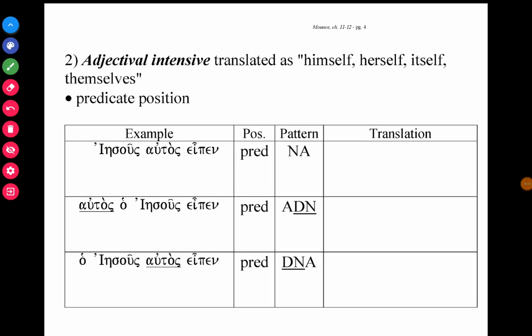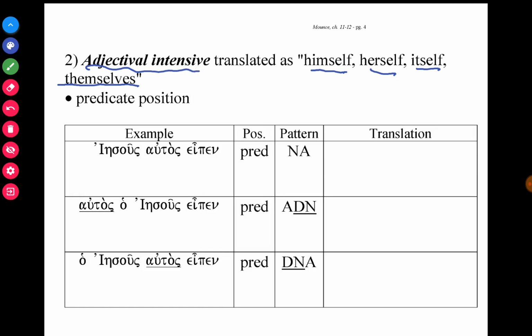The second function of the pronoun is what we call the adjectival intensive, translated as himself, herself, itself, or themselves in the plural. And this will take some getting used to, but the position of the pronoun will tell us whether to translate this as an adjectival intensive or not.